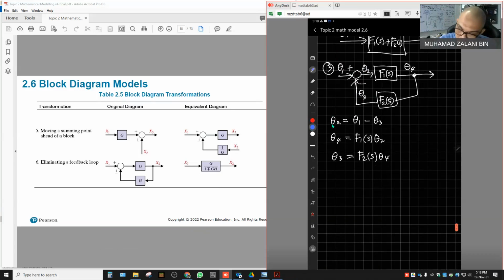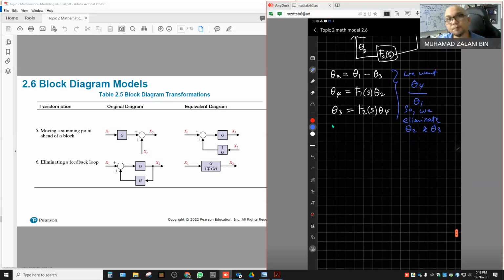So here actually, we want the ratio of theta 4 by theta 1. So of course we eliminate theta 2 and theta 3. Okay, all right.